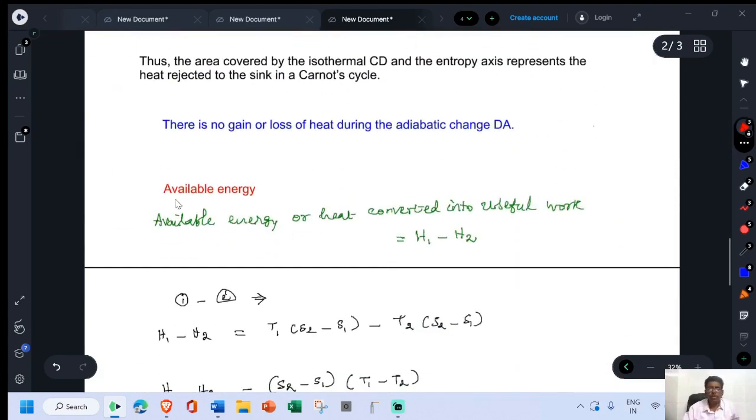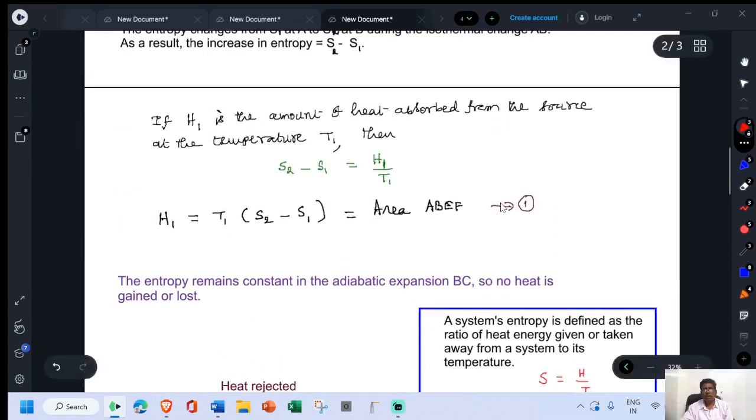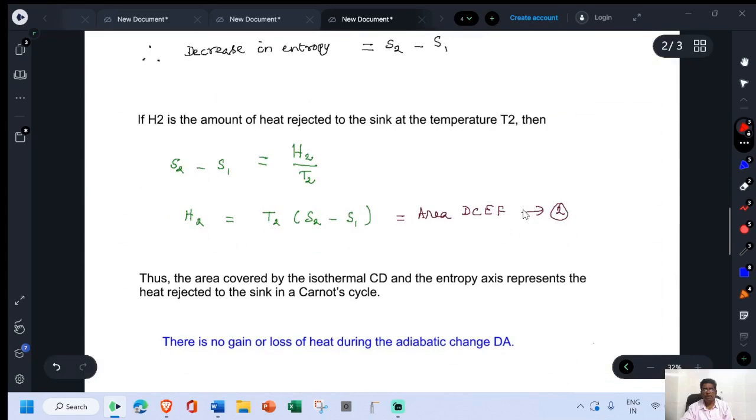Now we should talk about available energy. Available energy means the amount of energy used to convert it into mechanical work. Available energy, or heat converted into useful work, is H1 minus H2. Now find out the value of equation 1 minus equation 2.